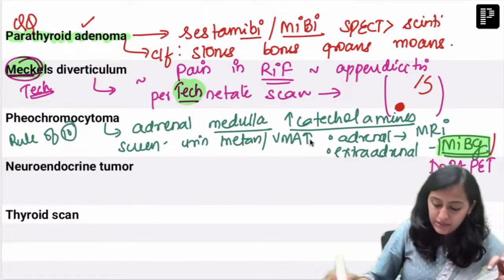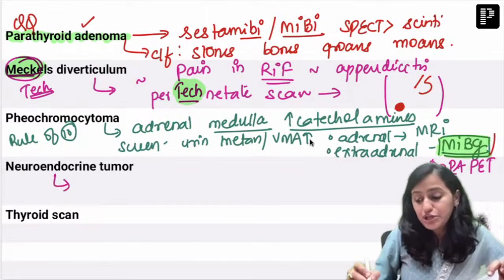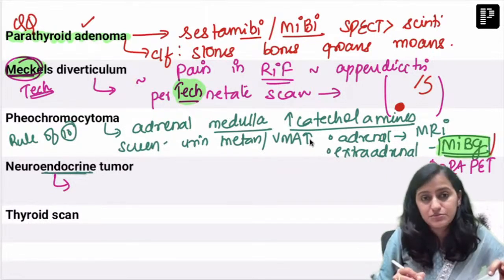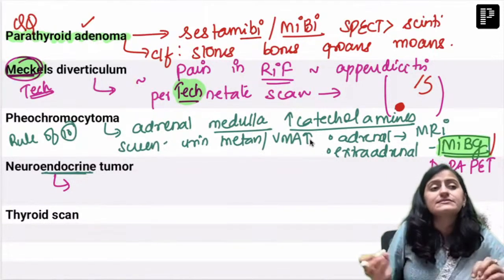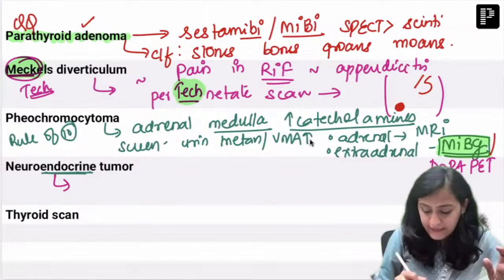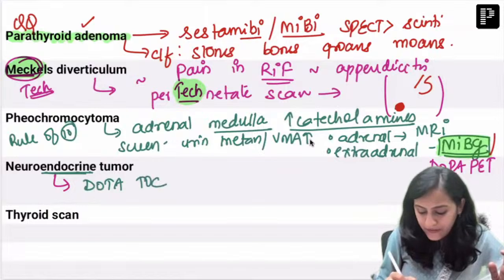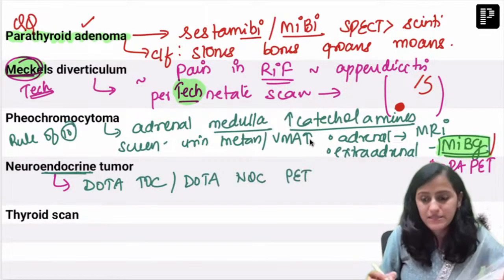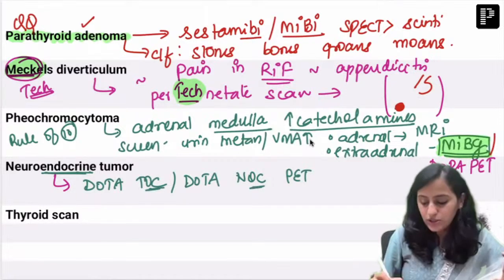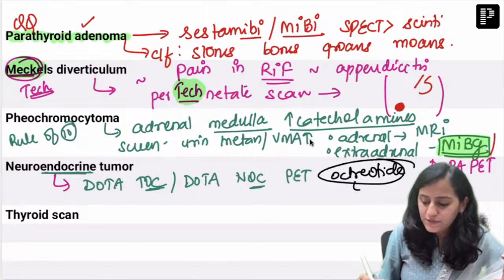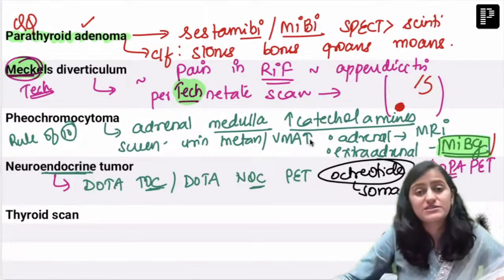Okay, clear with everyone? Going to the next one, neuroendocrine tumor. Remember, endocrine, somatostatin, octreotide. So you have DOTATOC and DOTANOC PET. The OC here stands for octreotide, which acts on the somatostatin receptor.